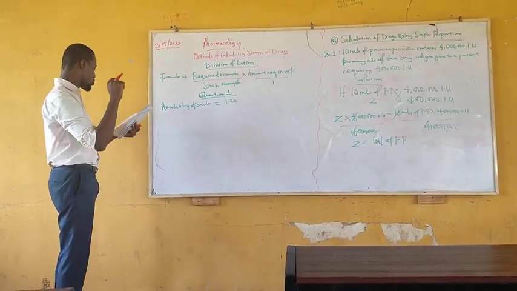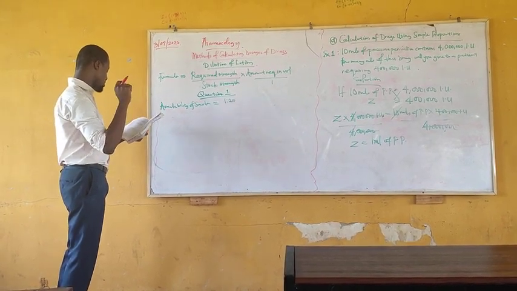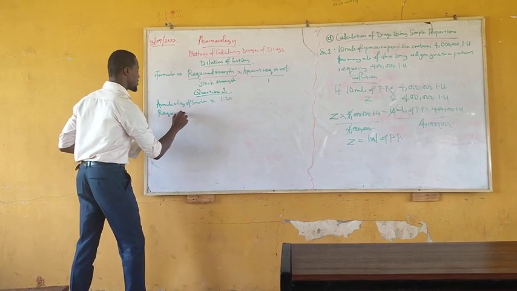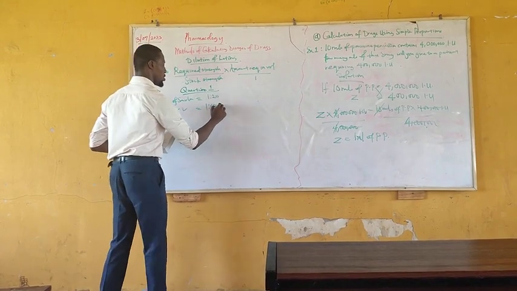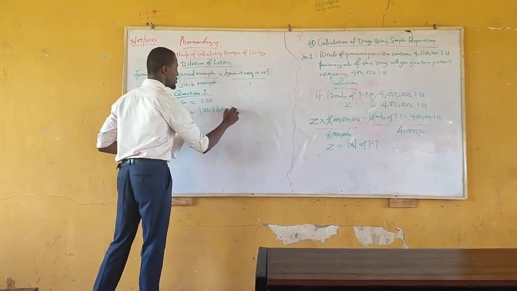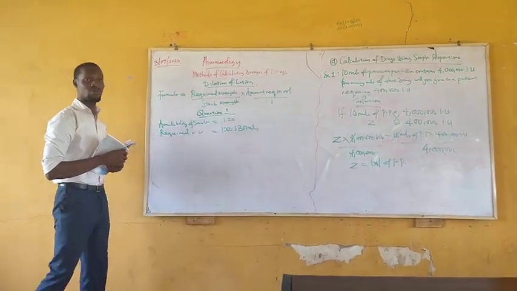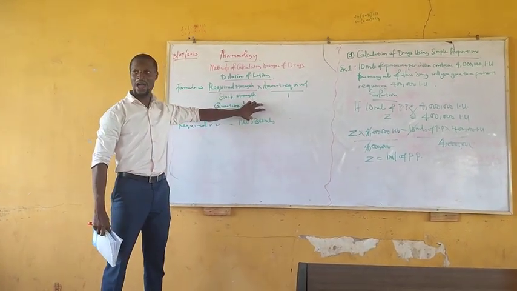The nurse needs to make 300 ml of 1:60 Savlon. What is required is 1:60, so 300 ml of 1:60.